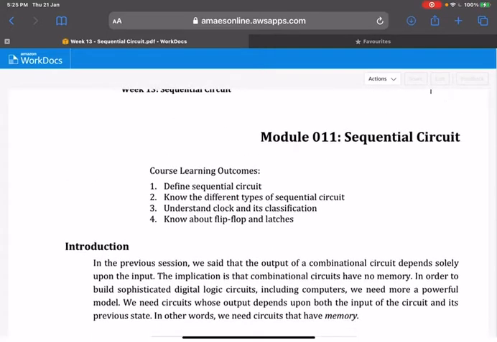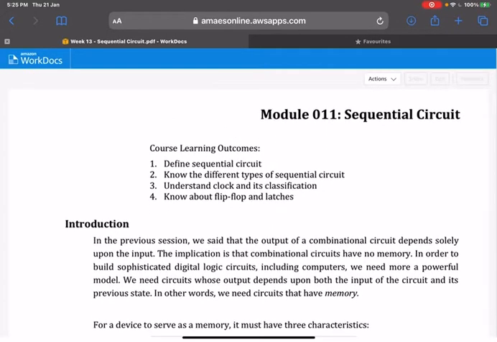Our learning outcomes is to define sequential circuit, know the different types of sequential circuit, understand clock and its classification, and know about flip-flop latches.